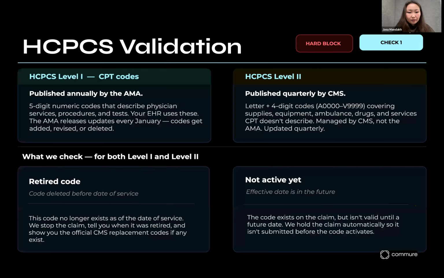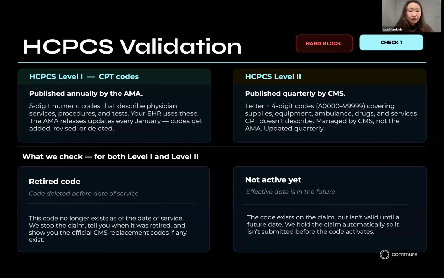Okay, next slide. The next block we introduce is HCPCS validation. For context, there are HCPCS level 1, level 2, and level 3 as well. For our blocks, we're considering level 1 and level 2.